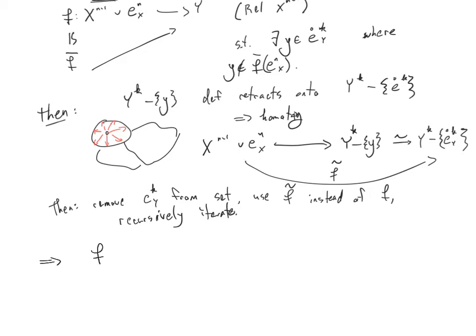Then what you've done is you've produced a homotopy between f and a new f twiddle cell, which I'm calling twiddle because it's one of these f twiddles, and it's f twiddle cell because it's finally cellular on x^n, and this homotopy happens relative to x^(n-1), as desired.